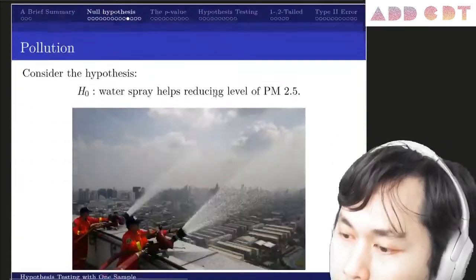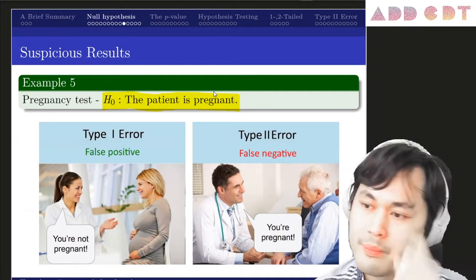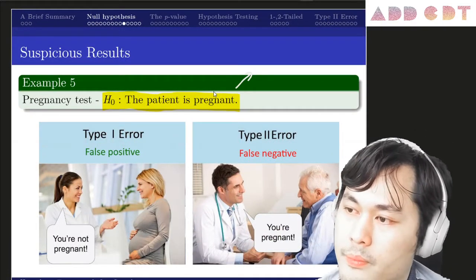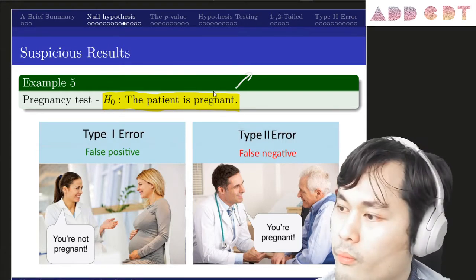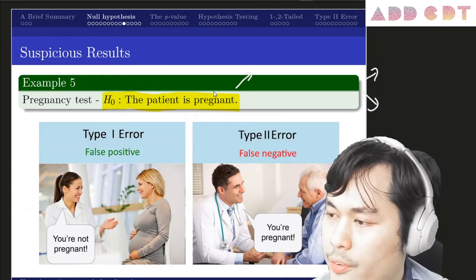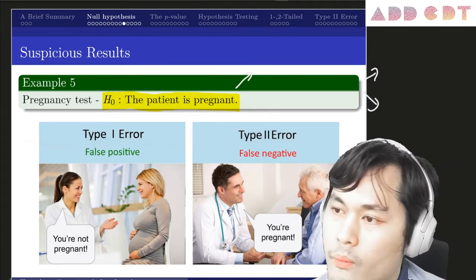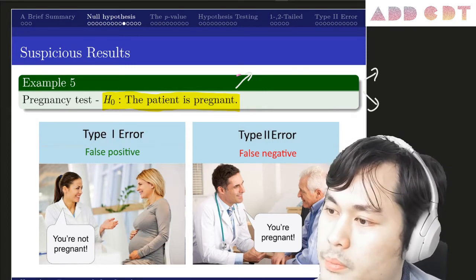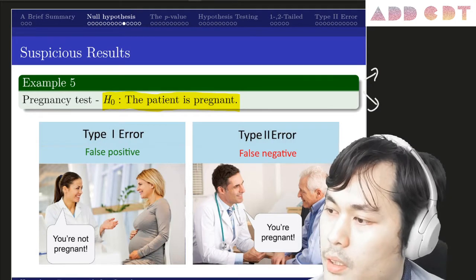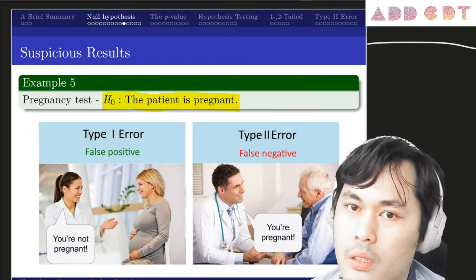Let's see. There are 4 scenarios, right? The first scenario is when, let's write it here, let's use a table.